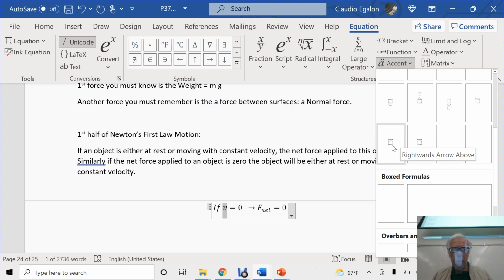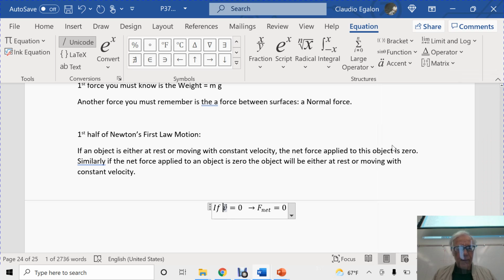Get the vector there, and get the vector here as well. Net force is equal to 0.